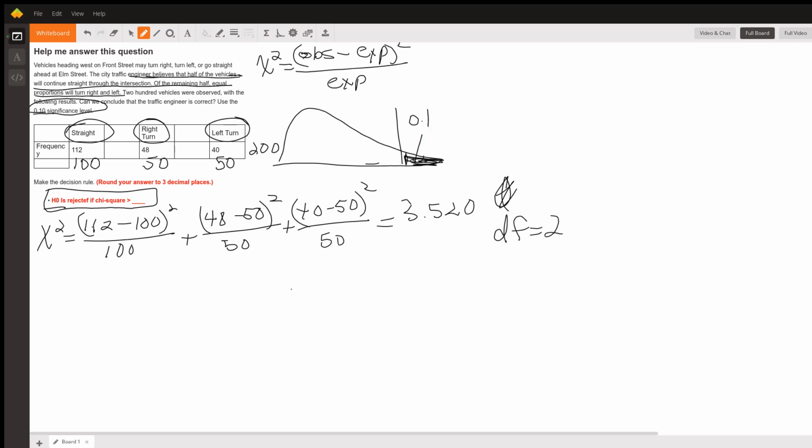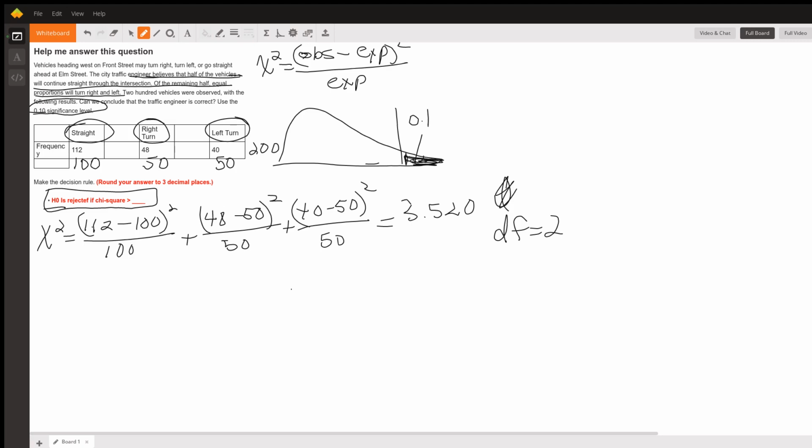The degrees of freedom for chi-square goodness of fit is number of categories minus 1. And so with 2 degrees of freedom and a 0.1 significance level, 10%, the critical value is 4.61.